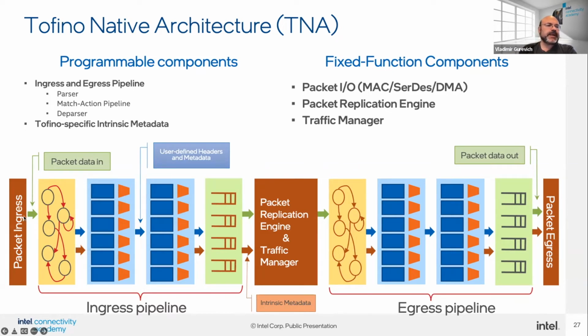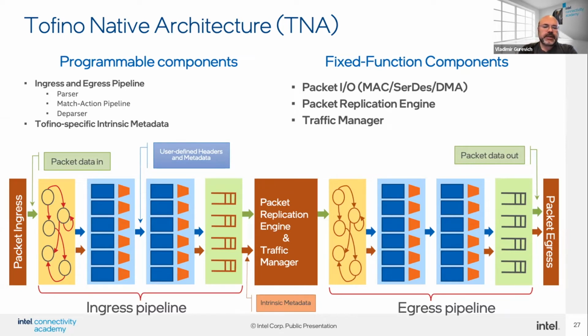So for example, when the packet comes in, the intrinsic metadata can contain information such as ingress port or timestamp, and then output intrinsic metadata can contain a flag, whether we want to drop a packet or we want to send it to a port, and so on and so forth.